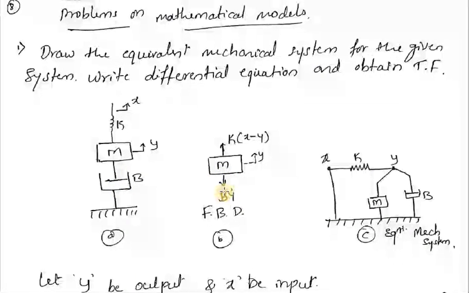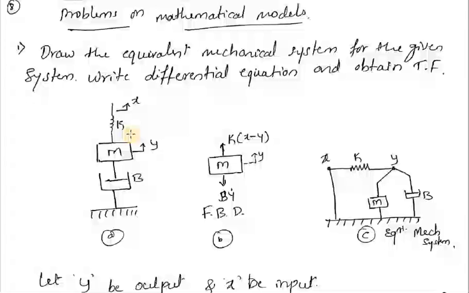So this will be b into y dot. And on this surface, no doubt, if the mass is trying to move in this direction, this spring will try to resist, but this spring is at the free end. For example, instead of having the free end in this system, if it were fixed to one of these surfaces, then obviously the spring would try to resist that motion.